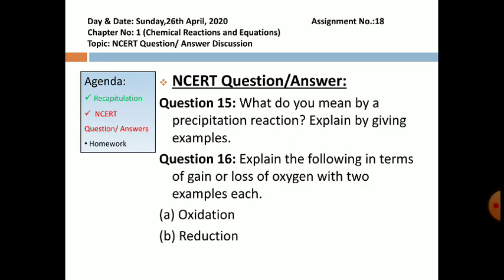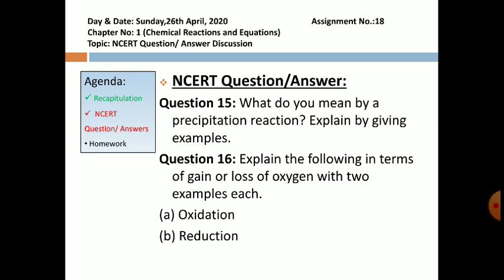Next, reduction, it is loss of oxygen. When carbon dioxide reacts with hydrogen gas, it forms carbon monoxide and water. The chemical equation is CO2 plus H2 gives CO plus H2O.